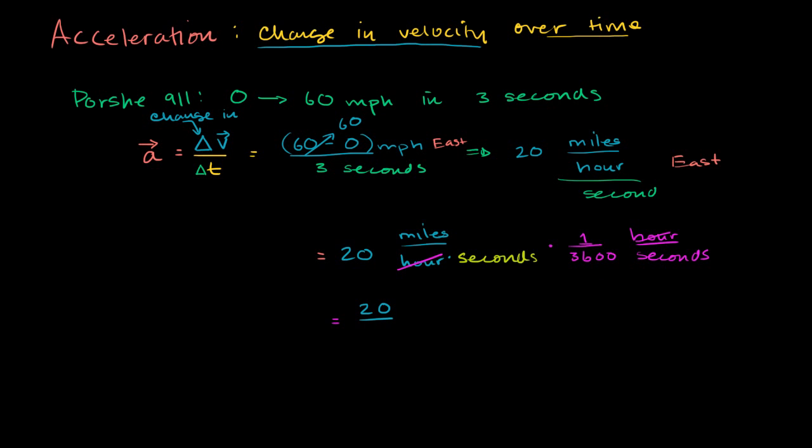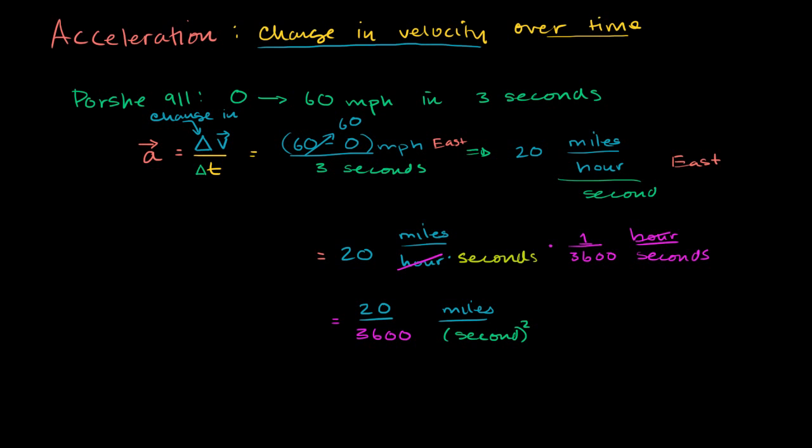And then you have this will be equal to 20 over 3,600 miles per second times seconds. Let me write it this way. Miles per second times seconds, or we could say miles per second squared.